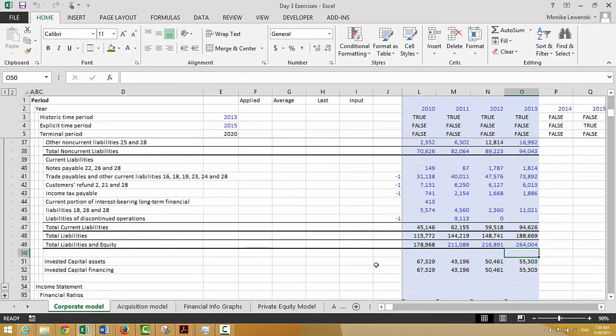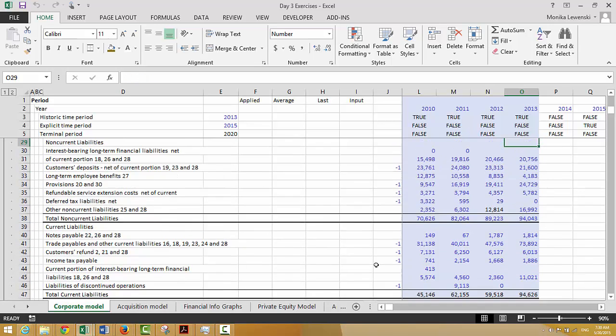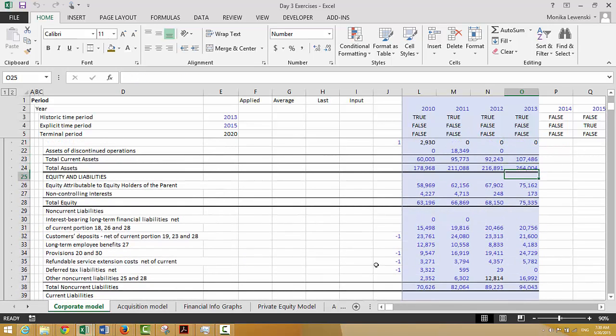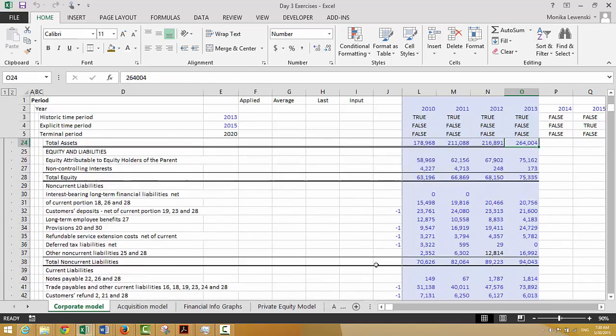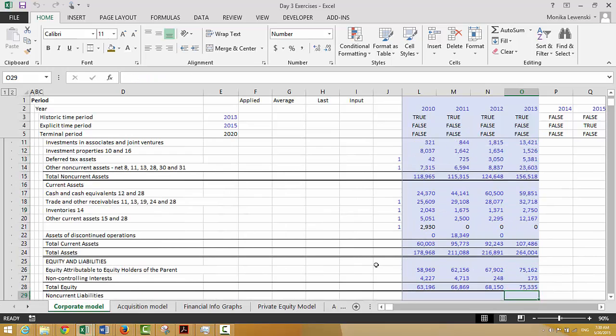We have the total liabilities, total is 264,004, but this wasn't exact. Maybe we should test this.